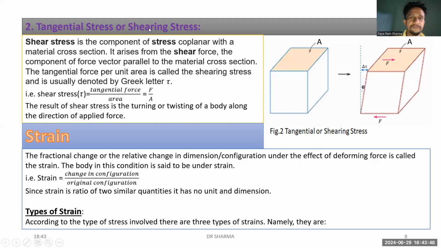Now, tangential stress or shearing stress. If the applied force is parallel to the surface, the corresponding stress is called shear stress or tangential stress. Shearing stress deforms the shape of the body.